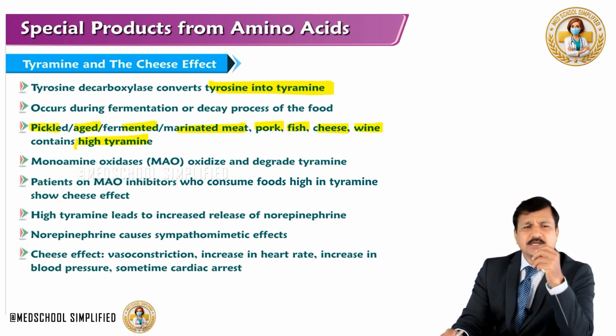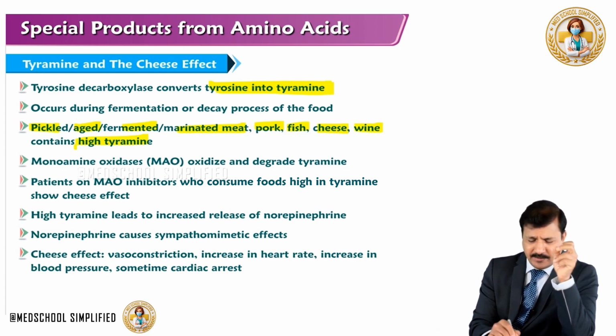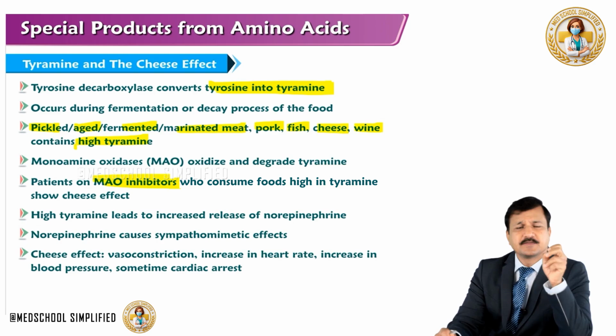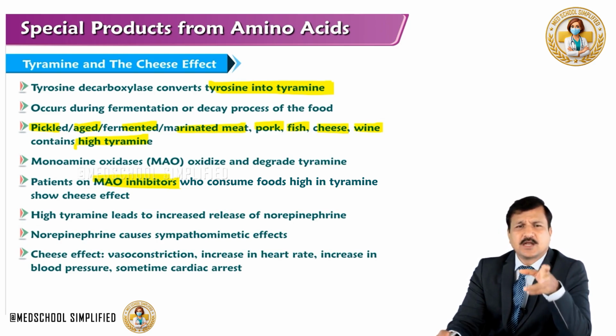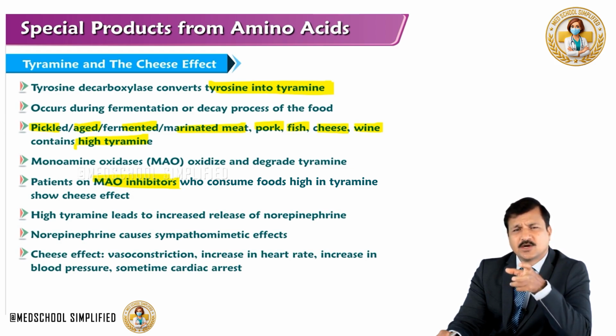The problem occurs whenever a patient is placed on monoamine oxidase inhibitors. In a normal individual, there won't be any issue, because the monoamine oxidase enzyme is functioning and will take care of degradation of tyramine.